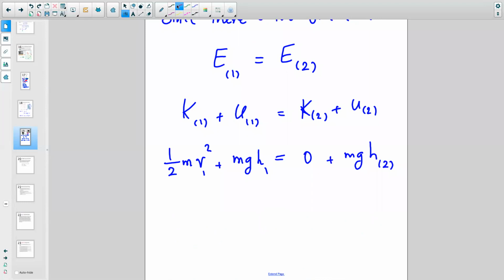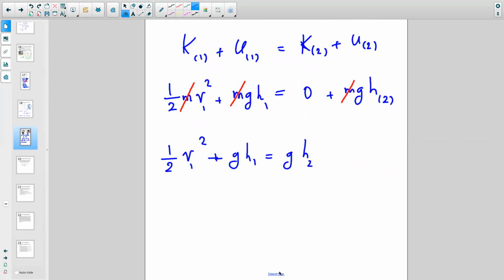If I factor out m from the left-hand side, I can cancel that with this m from the right-hand side. In other words, I can cancel out this m from either side. And then what I have is half v1 squared plus g h1 equals g h2.